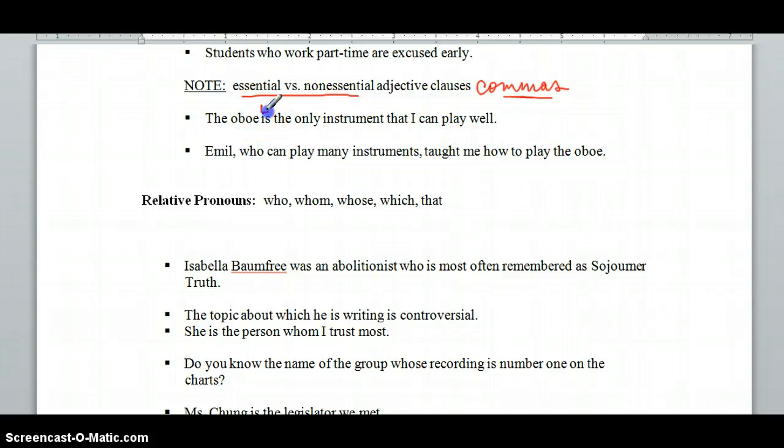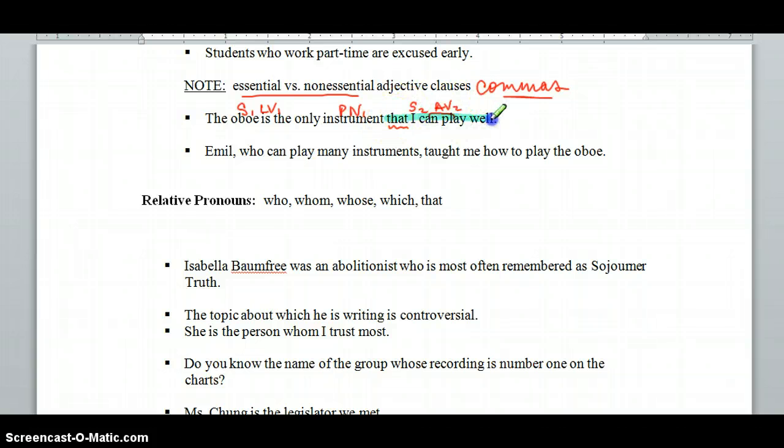So when I look at the linking verb, oboe, who or what is? Oboe is what? Predicate nominative, instrument renames oboe. Here's one of those subordinate conjunctions. I can play, action verb. Who or what can play? I can play.